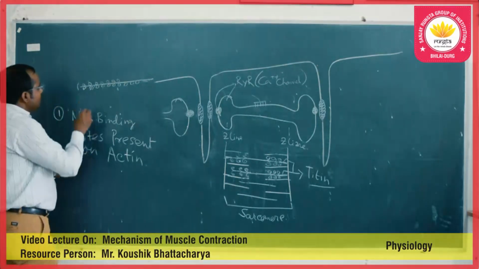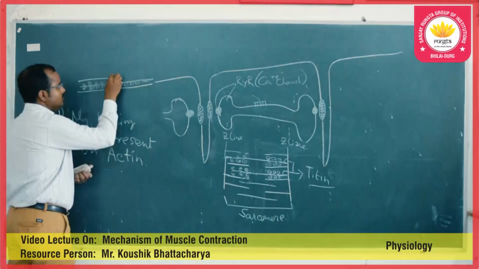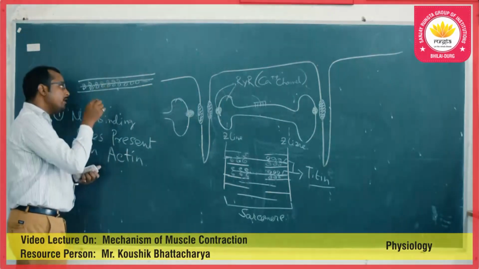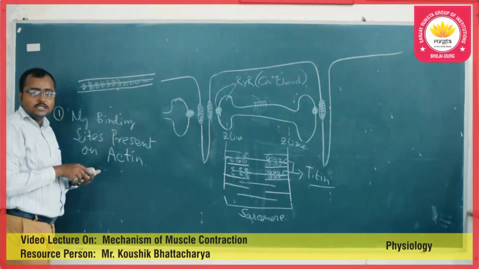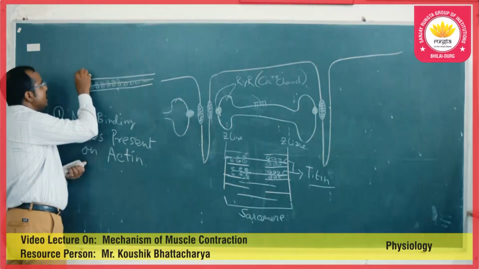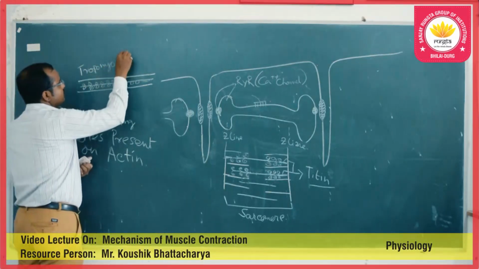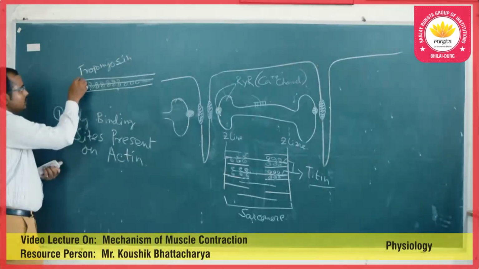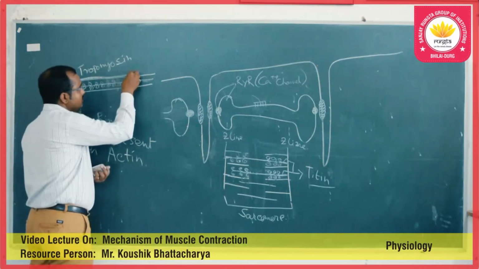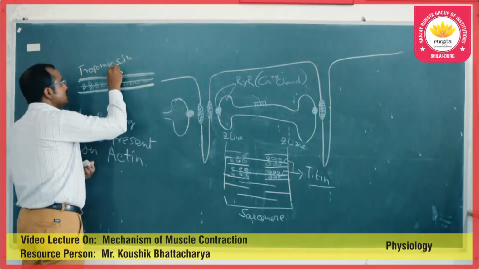Second, this whole structural integrity, that means the actin along with the myosin binding sites, will be covered with the help of one specific protein. The name of that protein is the tropomyosin. This total filamentous protein is known as the tropomyosin.